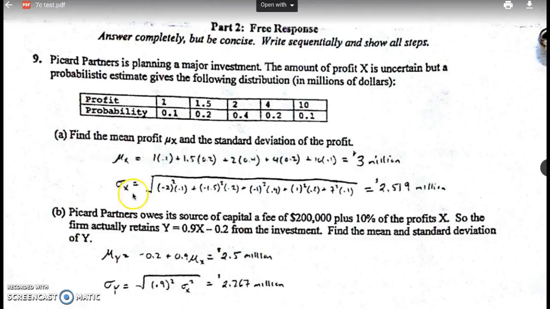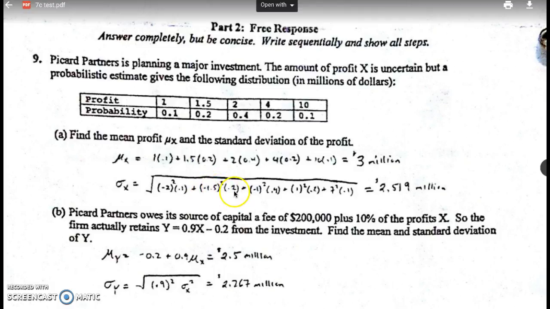The standard deviation would use the individual value minus the mean. So we'd have 1 minus 3. This is a -2 here. You take that, square it, and multiply it by the probability of it happening, 0.1. Then you're summing all of them up. So plus the next one, 1.5 minus 3 gives me -1.5.